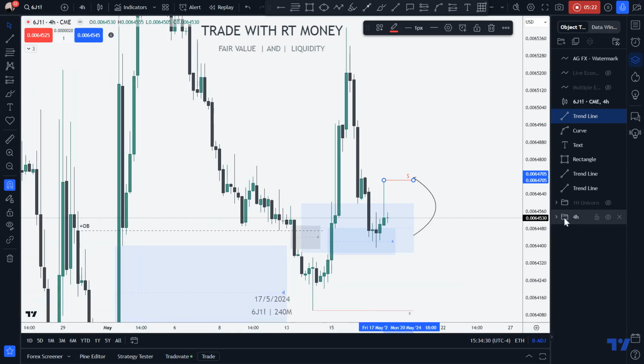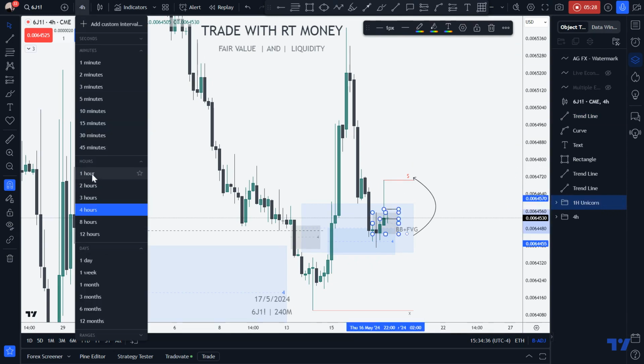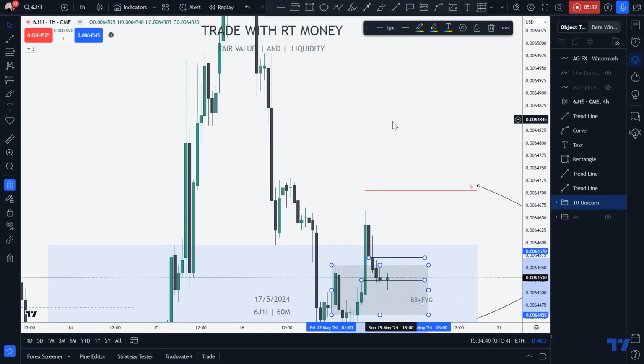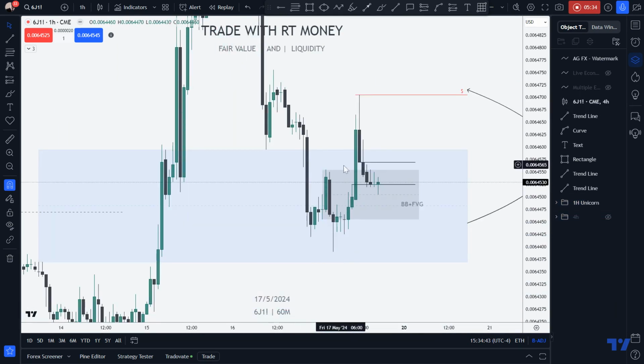If you want to see something else on this market, go to the 1 hour and you'll see that there is a breaker block with an overlapping fair value gap that has formed, and we should see some bullishness from here.